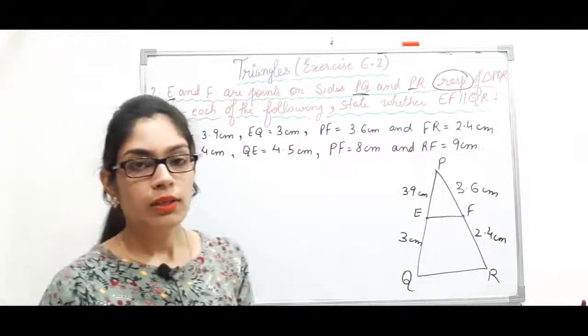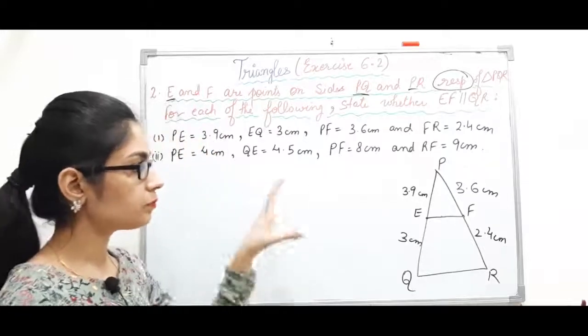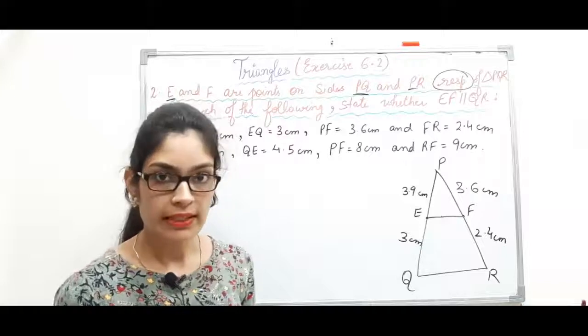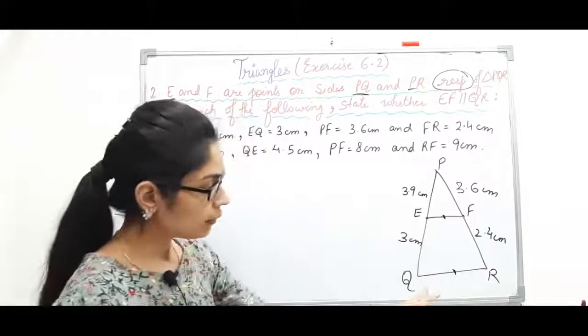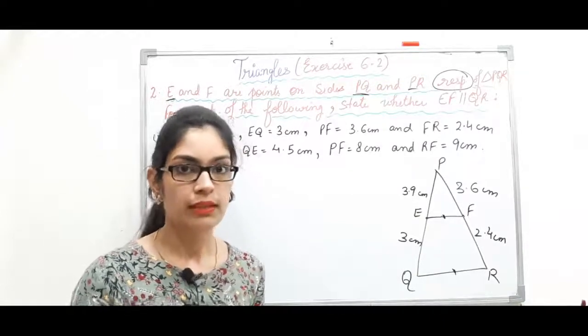In the converse of the basic proportionality theorem, we have already learnt that if the sides are in equal ratio, then this line will be parallel to this line. See, it is completely opposite of the basic proportionality theorem.